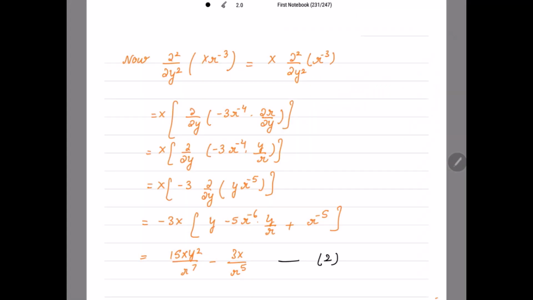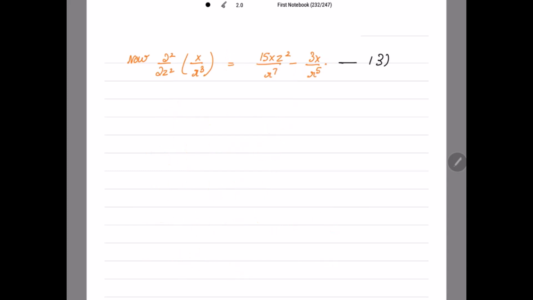Now by symmetry, from the second term I can get the result for the third term, which is 15xz square over r the power 7 minus 3x over r the power 5. Everything remains the same, you just have to write z square instead of y square. And let's put all these three into the star.